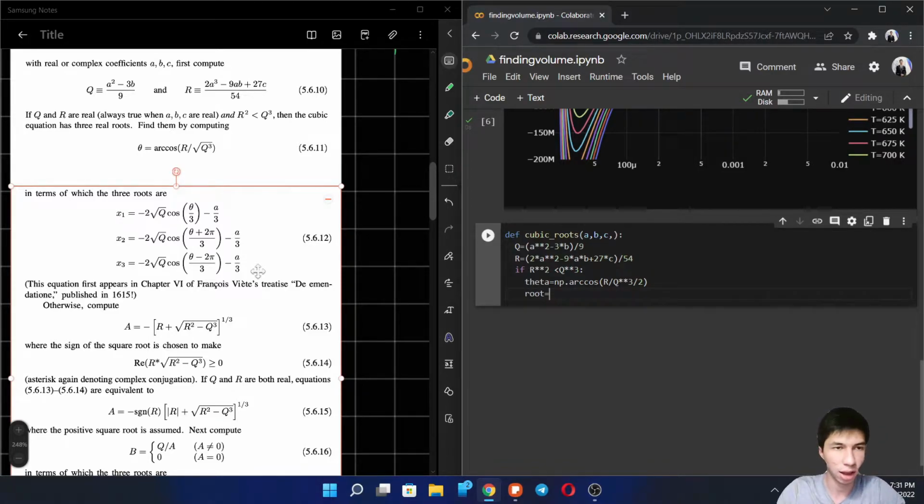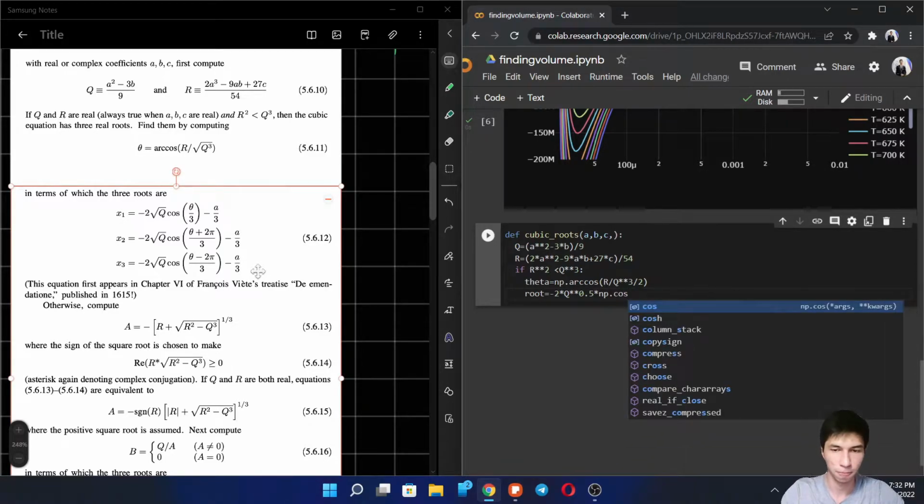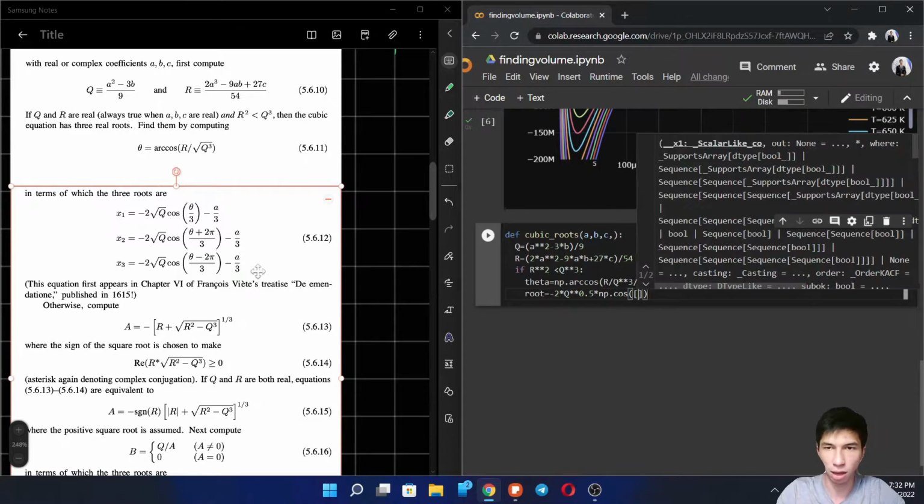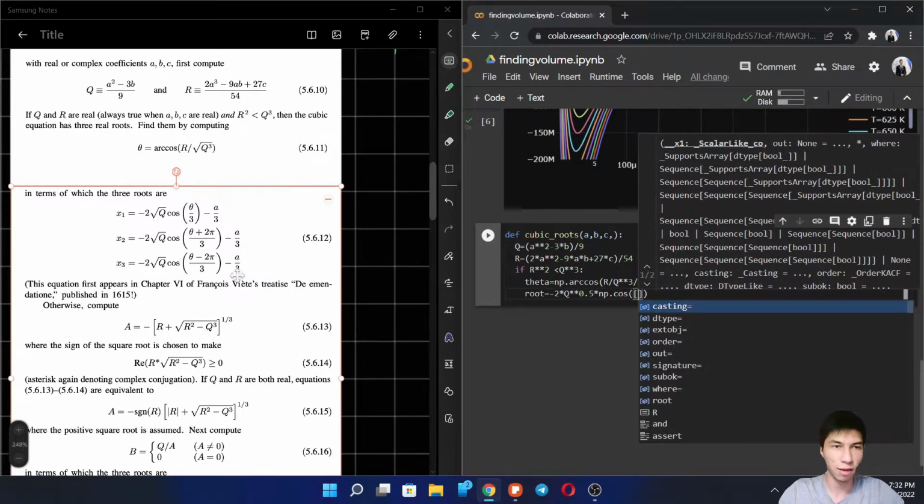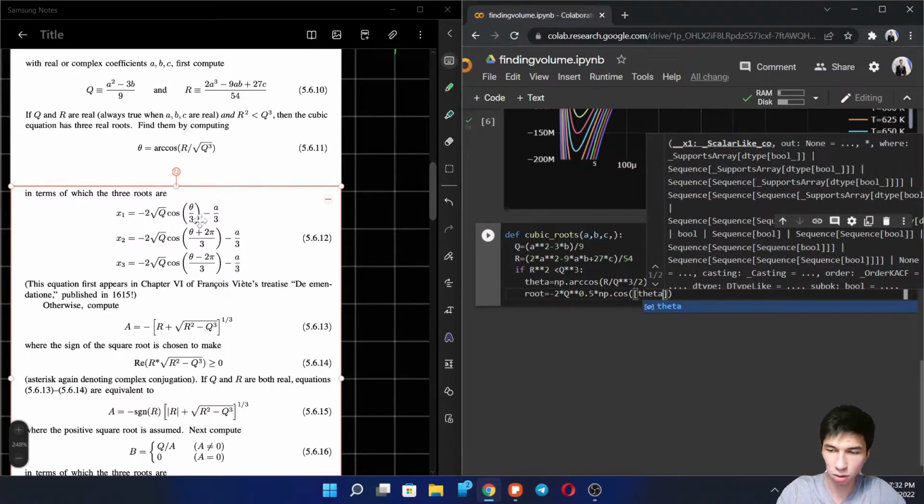All of them are going to have -2 multiplied by q to the power of 0.5, multiplied by numpy cosine. And inside of it, we're going to have our array. The first term is going to be theta over 3.